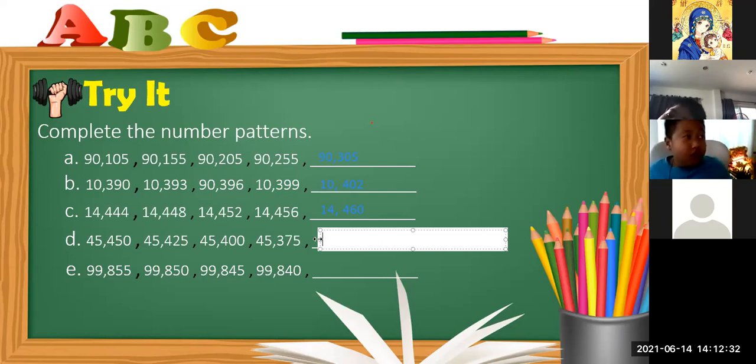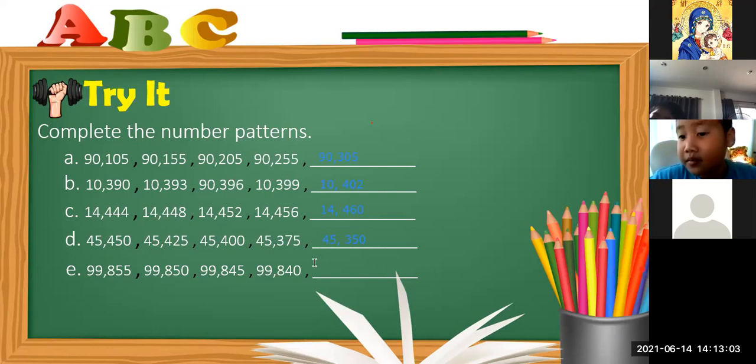What do you think? Captain, what do you think, Captain? 45,450. And the next number is 45,425. What do you think? Is it plus or minus? The answer here is 45,350. Very good, boy. Very good.